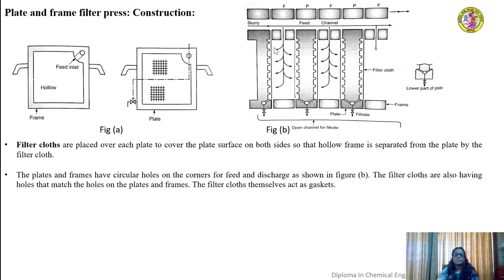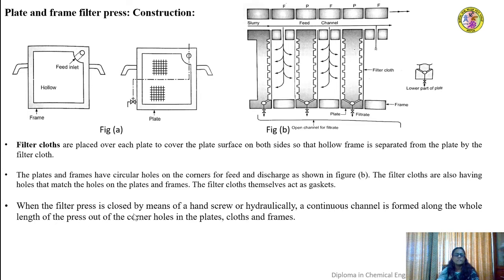So this is how it looks when you look at a frame from the side with a section exactly somewhere here. Okay, so the slurry will enter here, and it will enter through the opening, that is a core that is drilled in each frame, into the annular space, that is where the chamber is formed to carry out the filtration operation.